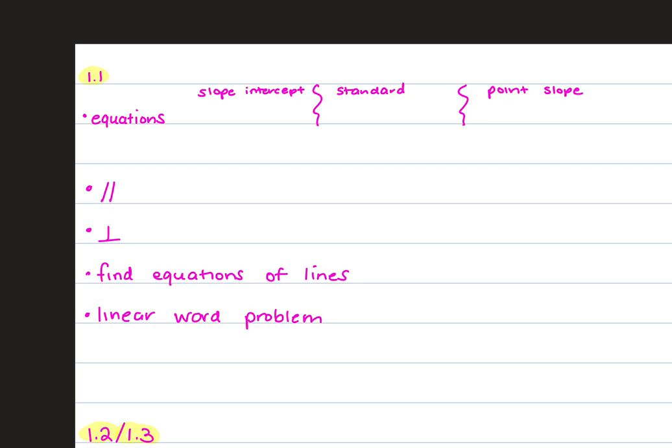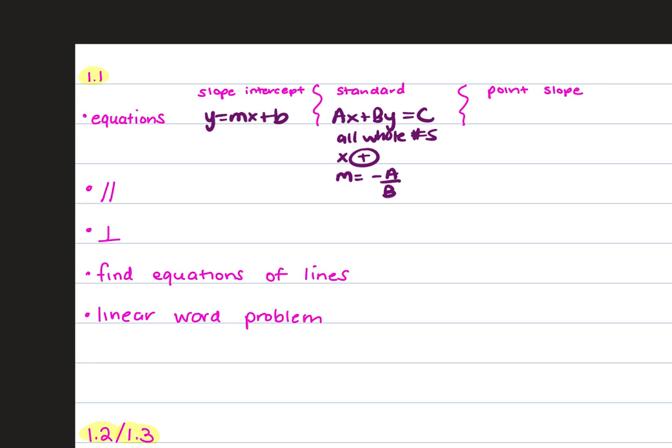Slope intercept was y equals mx plus b. Standard is ax plus by equals c, all whole numbers. X must be positive. And your shortcut for that one for slope is negative a over b.